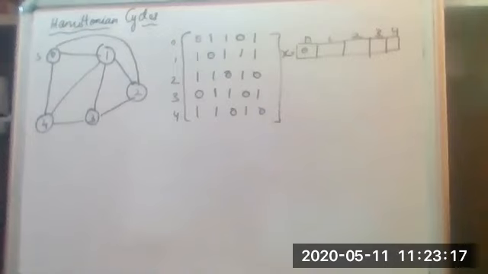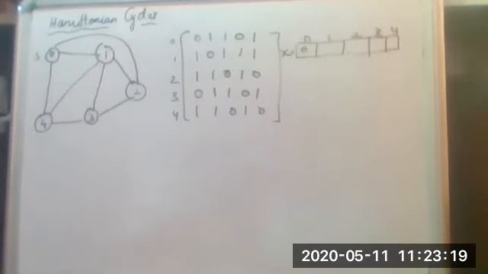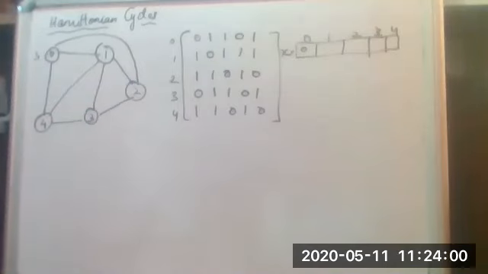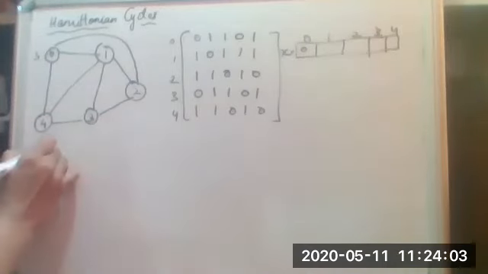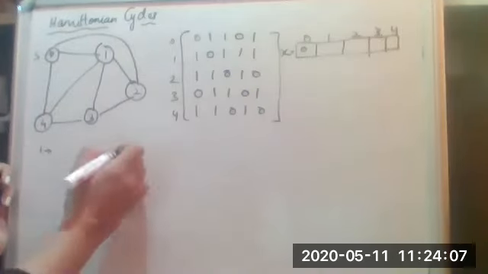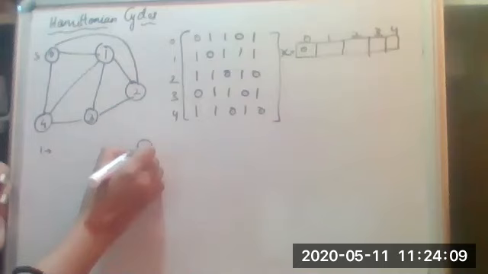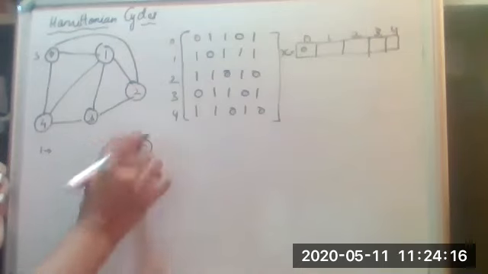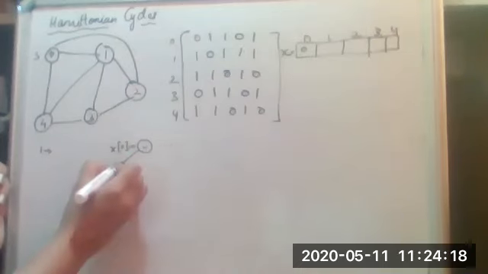Now for this one, when it is starting from the 0 vertex, it is going to check what is the next vertex that we can have. I'm starting from the source vertex 0, so x0 is taken as 0. After that, what choices can I have here?